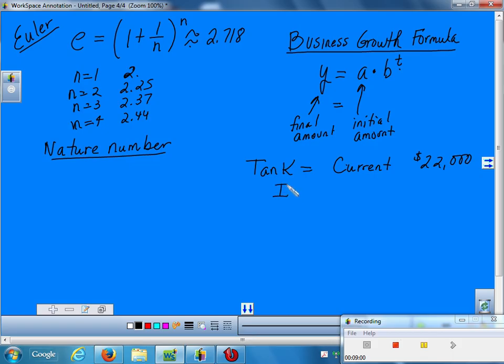Okay, it's increasing in value at 5.2% per year. Okay, so it's gaining value at 5.2% per year. I want to know how much will it be worth in how many years? Pick how many years.